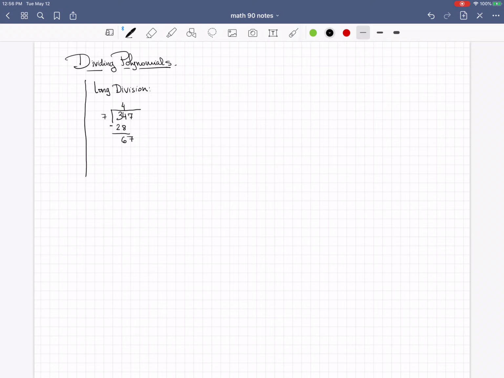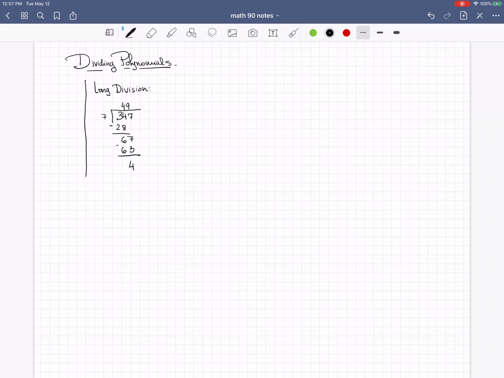Repeat. How many times does 7 go into 67? In other words, what is the thing that you would multiply by 7 to get as close to 67 as possible? And the answer there is 9. 7 times 9 is 63. Subtract. 67 minus 63 is 4.